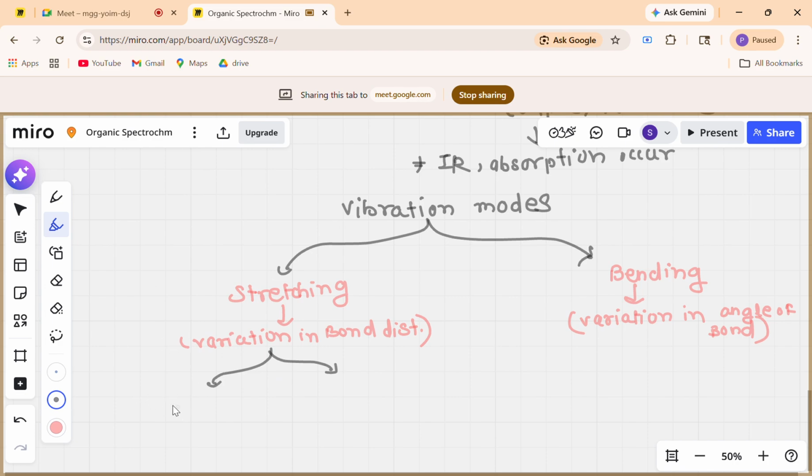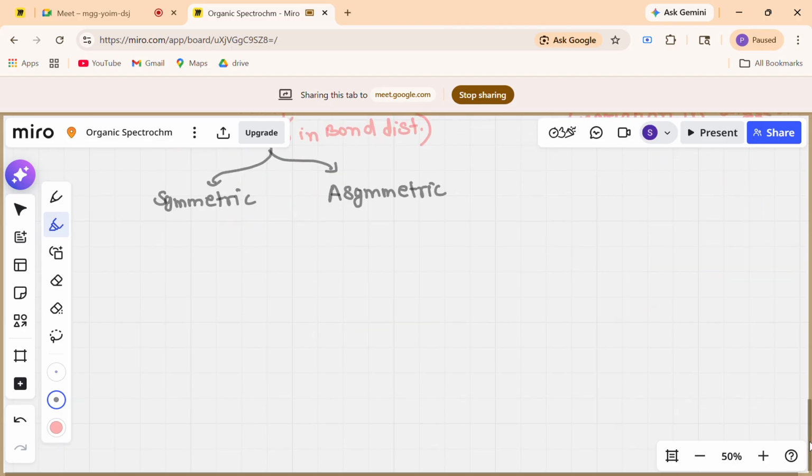Okay, so further the stretching vibrations can be classified into symmetric stretching and asymmetric stretching modes. So what does stretching mode mean? For example, as we say there will be variation in bond distance, right?